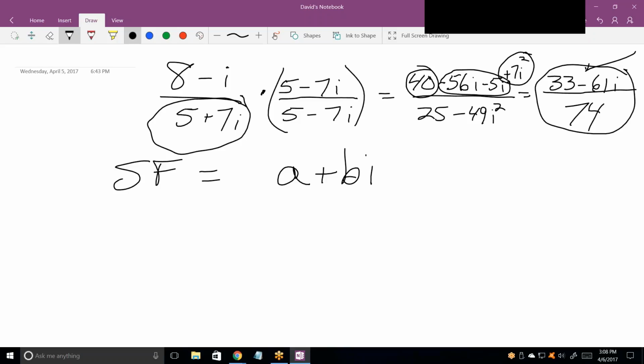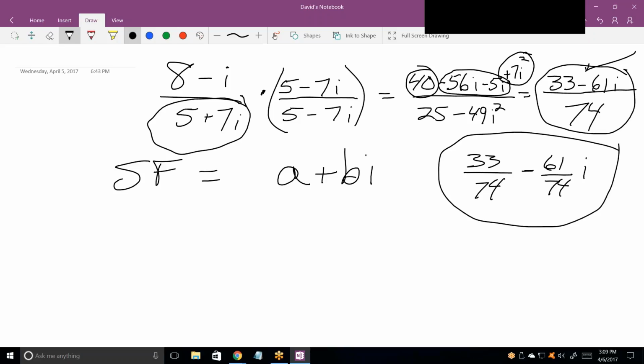If the instructions say put your answer in a plus bi format, then this becomes 33 over 74 minus 61 over 74i. Now, I cannot simplify that. I think 61 is prime. So that's the perfect answer. But like I said, if they don't specifically say put it in a plus bi format, then you can probably get away with the answer above it.